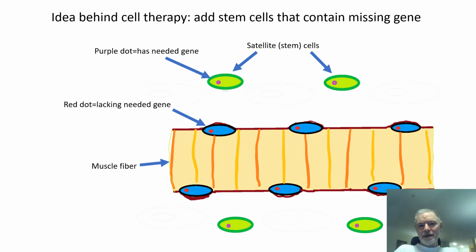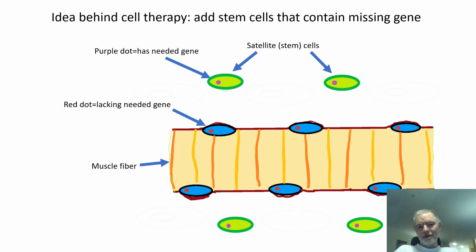Okay, cell therapies are a little bit different, but they can be applied in much the same way, in that you're transferring cells into the person's body that already have the correct gene. So you're putting in, in this case, some gene that the cells lack.